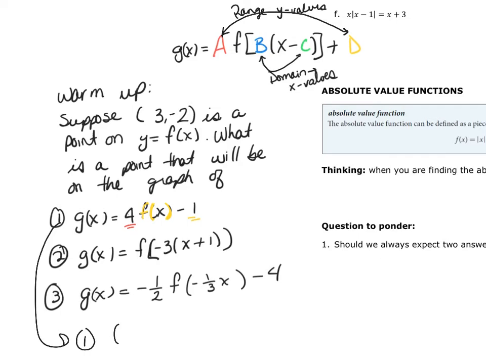We have this point 3, -2. And what we're going to do is transform it, and by our order of operations up here, I'm always going to do this one first.